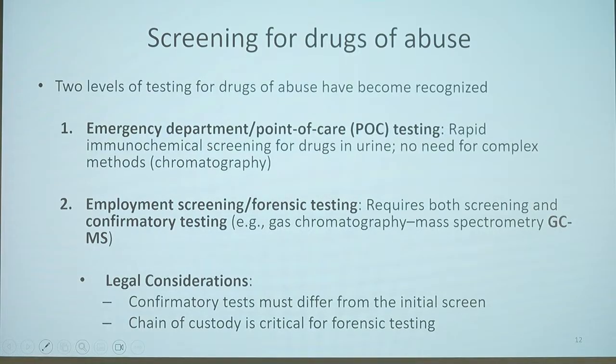With forensic or employment type testing, chain of custody is very important because you want to document that the sample has not been mishandled or tampered with during the entire process, from collection to being put on the analyzer and tested. Sometimes that is a long process.